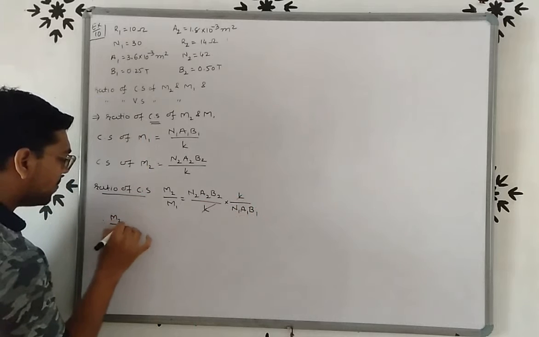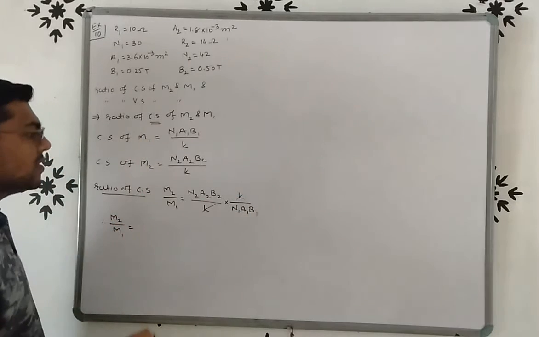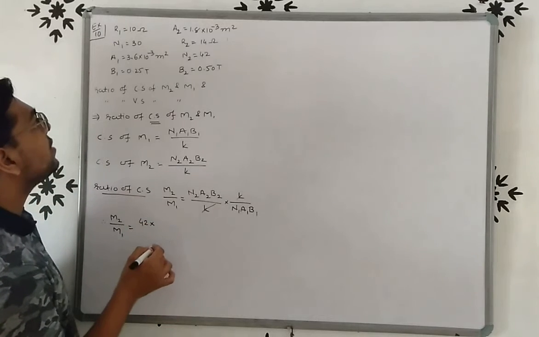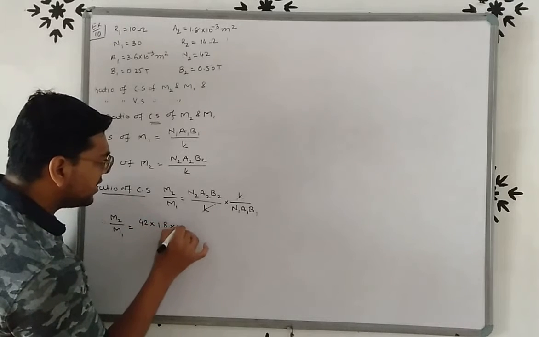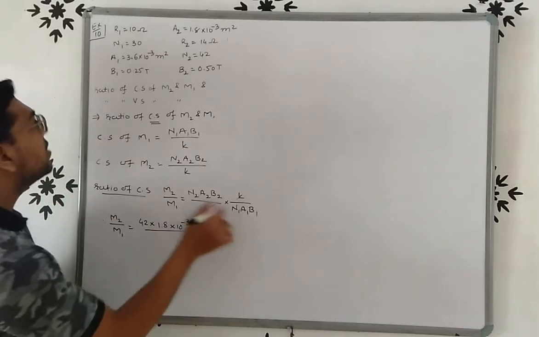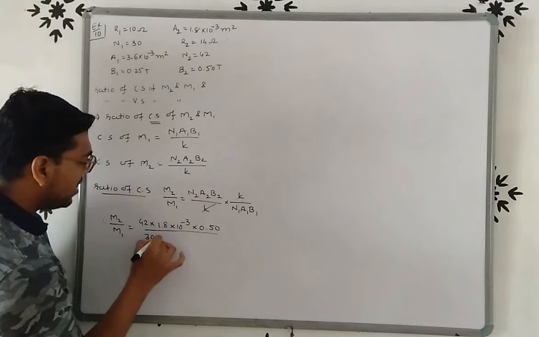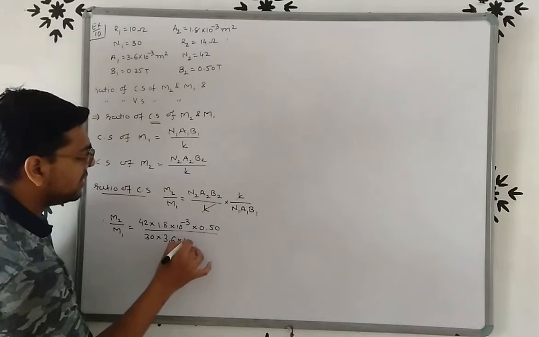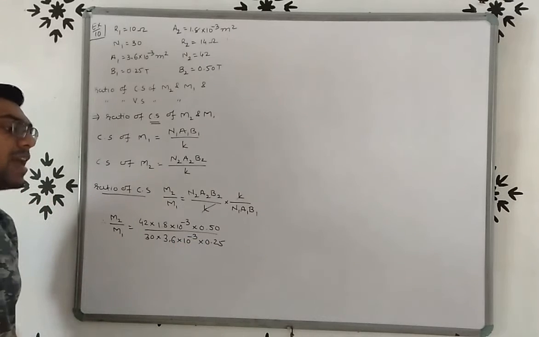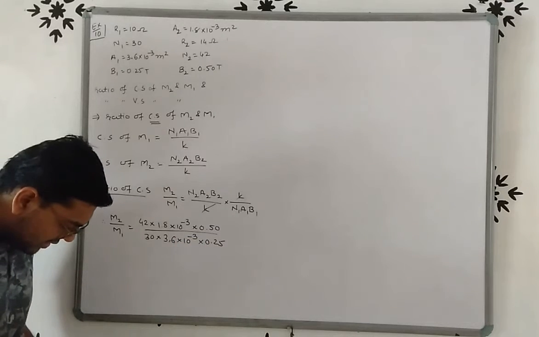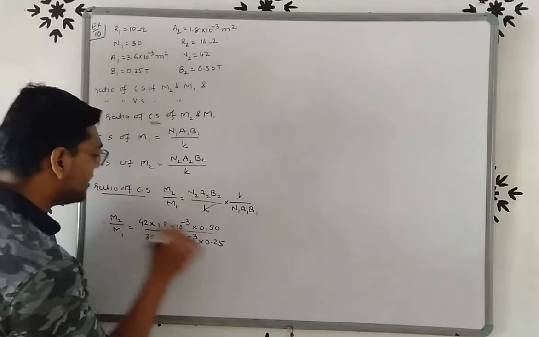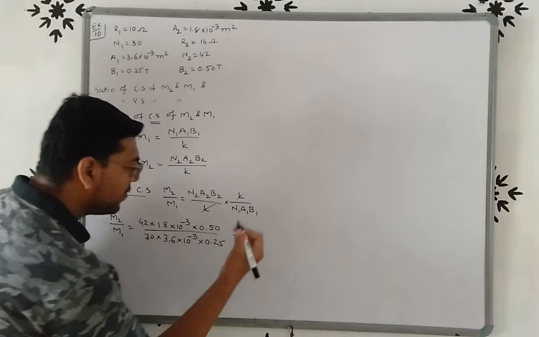So M2 upon M1 is N2, that is 42, A2, 1.8 into 10 raised to minus 3, B2, 0.50, upon N1, 30, A1, 3.6 into 10 raised to minus 3, and B1, 0.25. If you calculate this, you get the ratio of current sensitivity equal to 1.4.